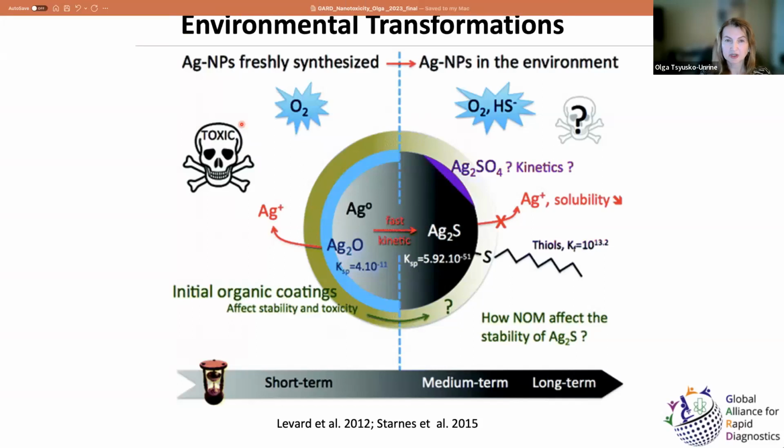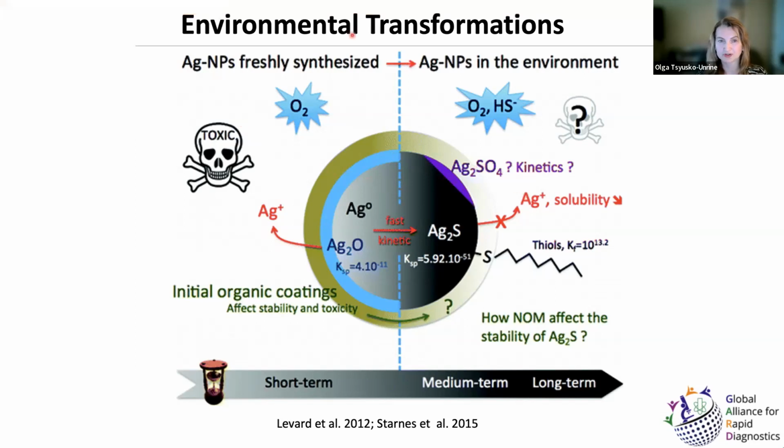Why is it important? Because when particles are synthesized, we have one particle with certain coatings, and they are released in the environment. For example, in this case, we continue with silver, the same image that you saw before, but now I want you to look at the right part of the image. Now we have silver in wastewater, an environment with a high concentration of sulfur.